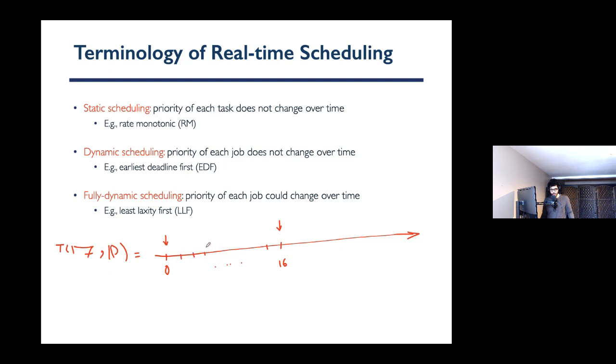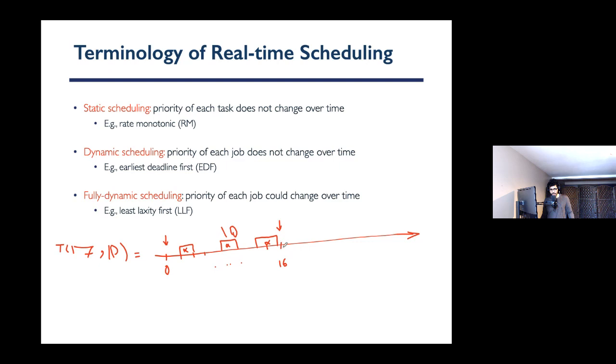And at some point, you're going to schedule it. You could schedule it at the moment it comes. You could schedule it somewhere else. You could schedule like 1 unit of it here, and then a few units of it here, and then later on some other units here. But in total, the execution time of this job, the first job of this task, would be 10 units.